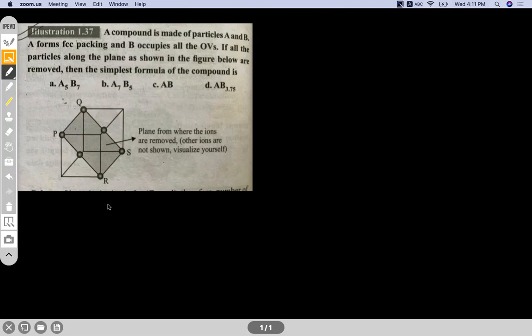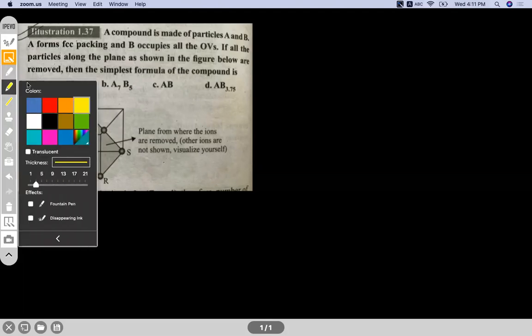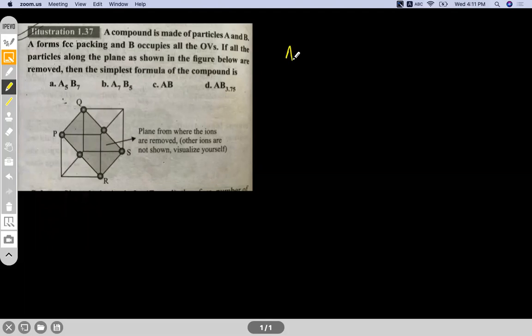Okay. Let's see, I'll do this. A compound is made up of particles A and B. A forms FCC packing. So when it says FCC packing, it means A is forming FCC packing, or they can also say CCP, both are same thing.